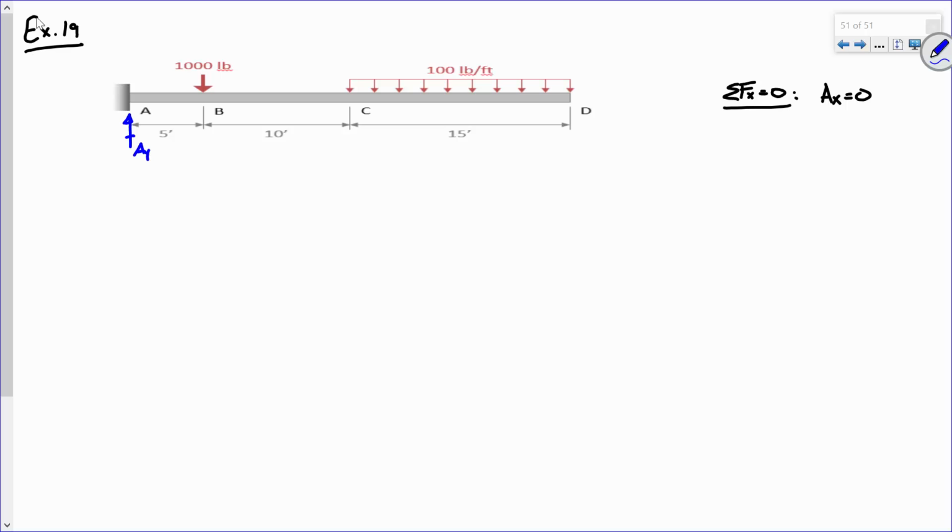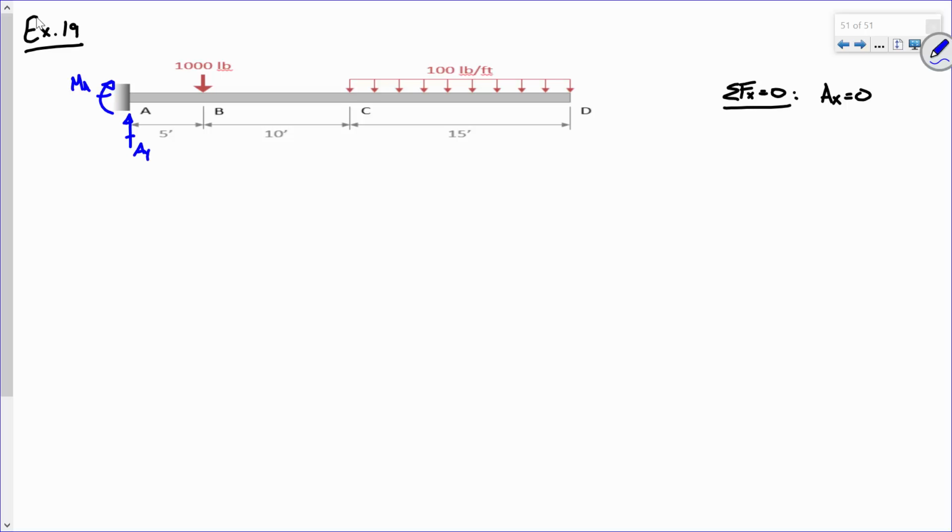Clockwise. Okay, we'll assume clockwise. All right, sound good? And again, those are assumptions. If we do our math and we get negative answers, no need to develop significant emotional problems, just means we guessed the wrong direction. Sound good?